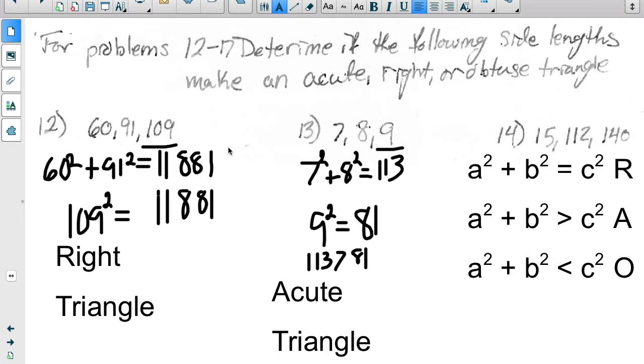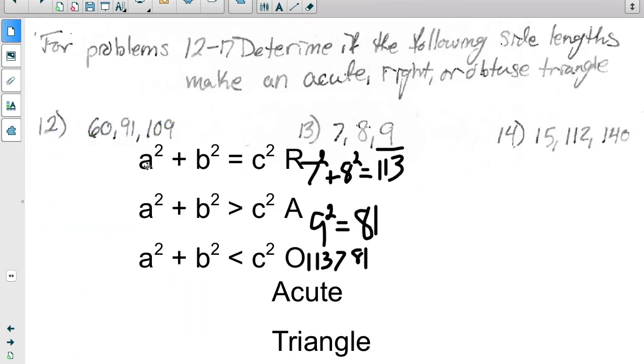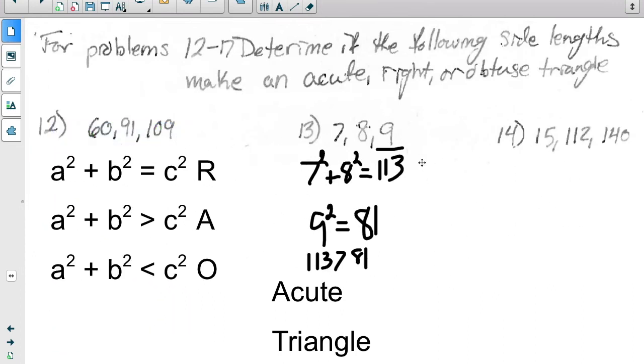Now we'll look at the last one here. I'm going to delete this here to make a little bit of room. Move this over here. So the last one you have is 15, 112, and 140. Well, our hypotenuse is 140, which makes 15 and 112 our legs, so A and B. So we take 15 squared plus 112 squared.